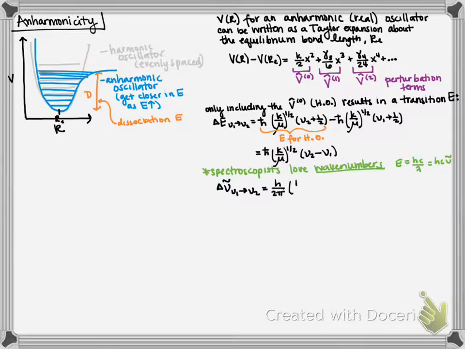So we can write this now as delta nu tilde, which would be our change in wave number representing the transition from quantum number 1 to quantum number 2. And we could write this as h over 2 pi, because that's what h bar represents, 1 over hc, square root of k over mu, nu2 minus nu1, sorry about that.